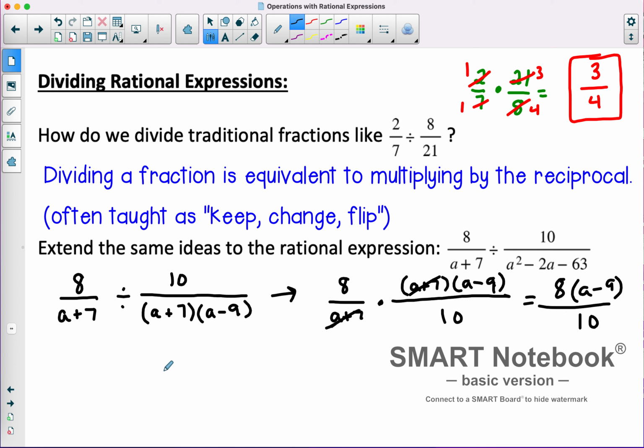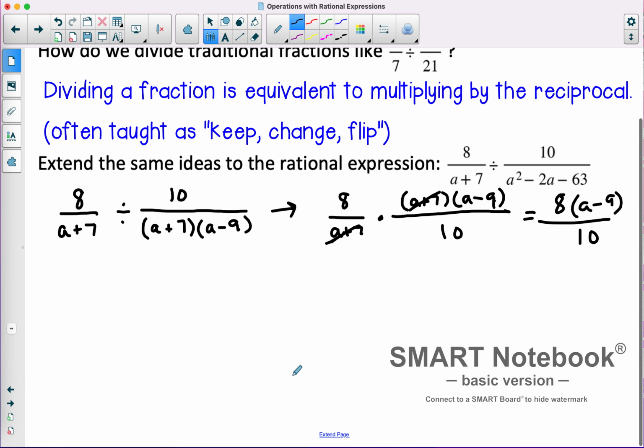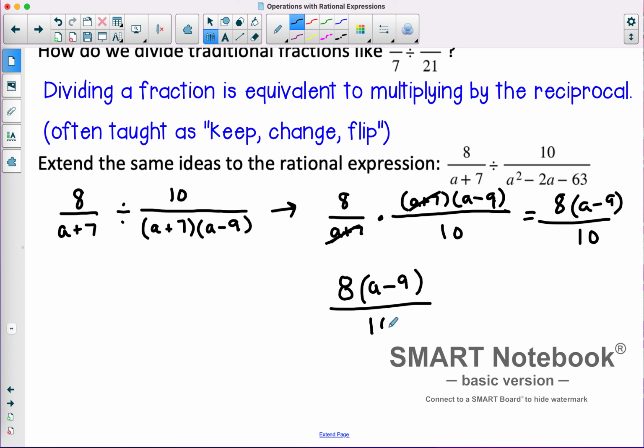Now that can reduce as well, so I'm going to bring this down just a little bit and look at 8 times a minus 9 over 10. The reason this would reduce is because we have these constant factors. We have a constant factor of 8 and a constant factor of 10. 8 over 10 has a common factor of 2, so think of that as 2 times 4 and 2 times 5.